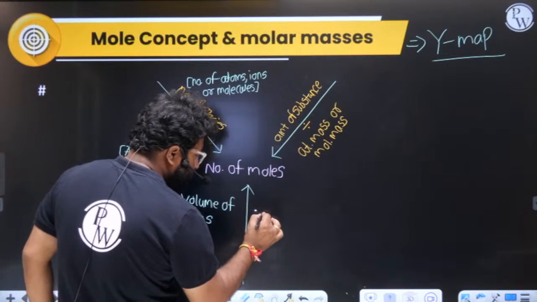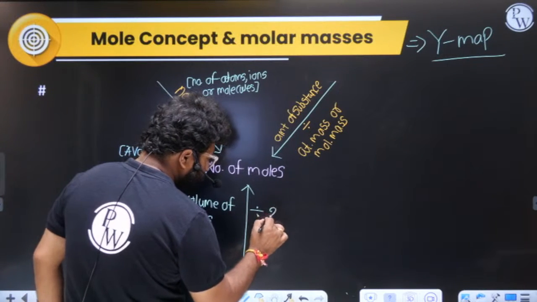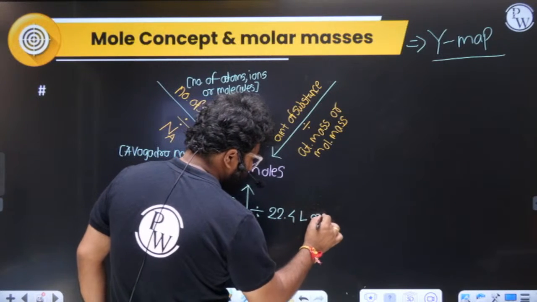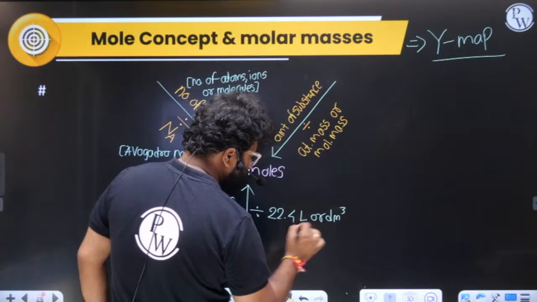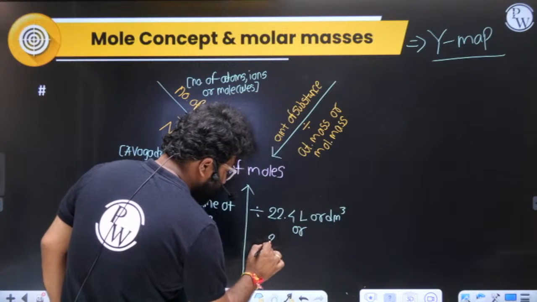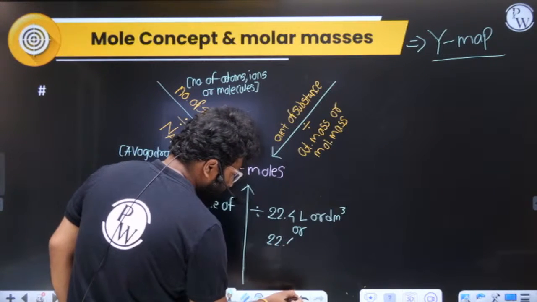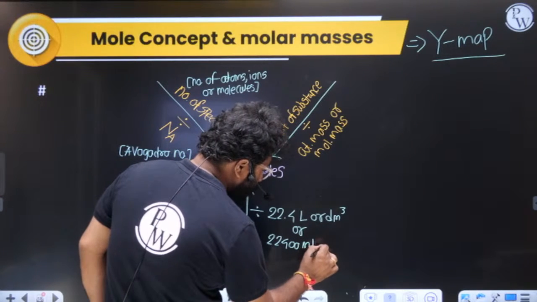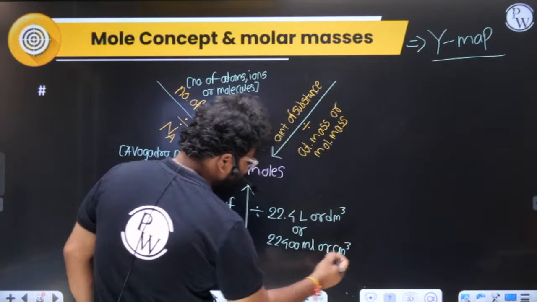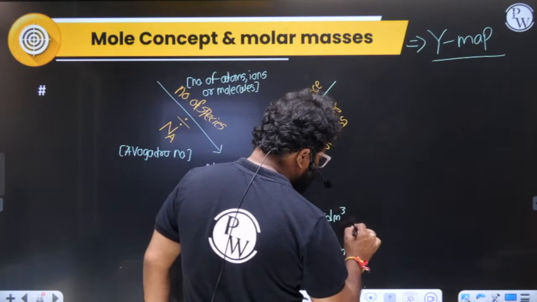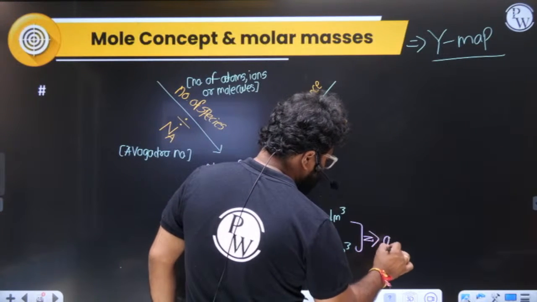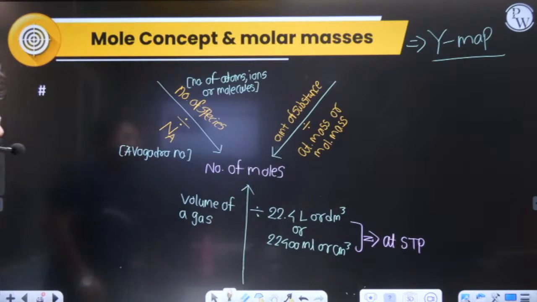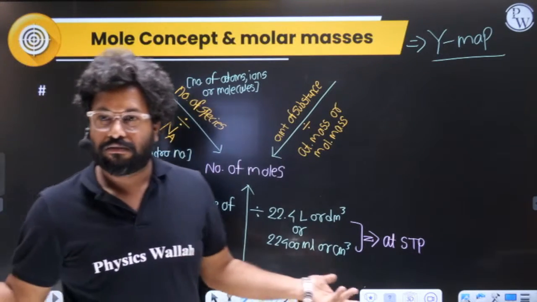Volume of a gas divided by 22.4 liters or decimeter cube, or 22,400 milliliter or centimeter cube, and this is all at STP conditions. And that is what the Y map is all about.